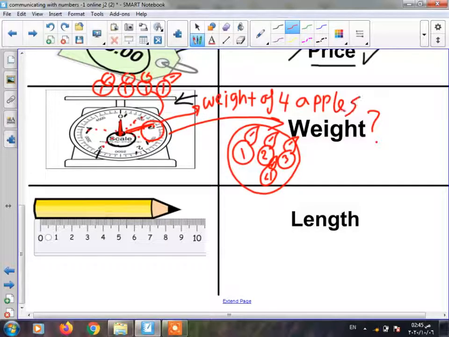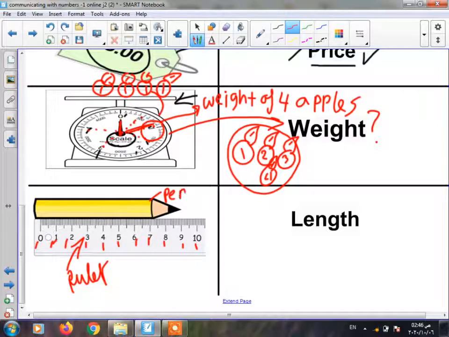Okay, excellent. Then this is called what? As we said, a ruler. And this ruler has numbers 0, 1, 2, 3, 4, 5, 6, 7, 8, 9, 10, okay, or more. And here is my pencil.